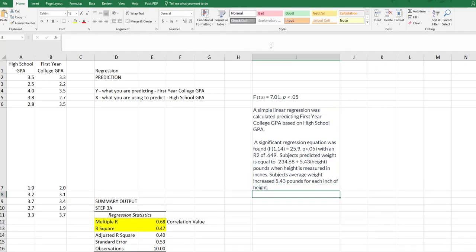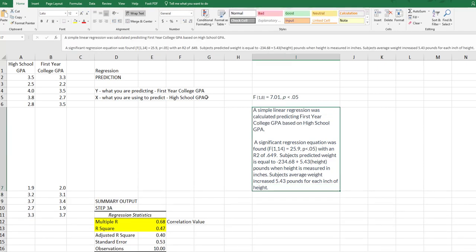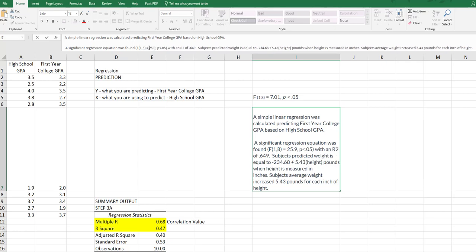Okay, second sentence, what did I do? A significant regression equation was found. Okay, here's your statistical shorthand. You need to put the statistical shorthand in here. So copy it from here, put it in here, with an R squared of, there's my R squared, 0.47.